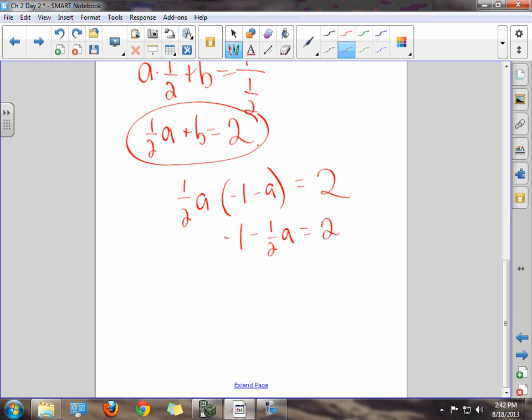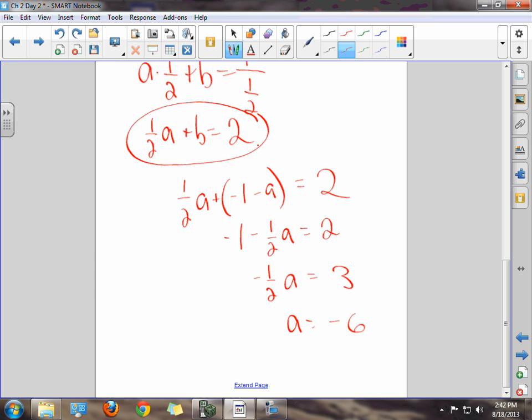If I add 1 to both sides, I get 3, so negative 1/2 a is equal to 3. So then I get a is equal to negative 6.